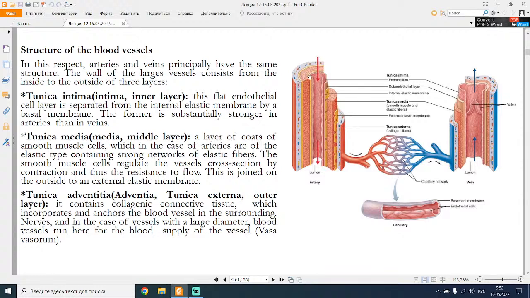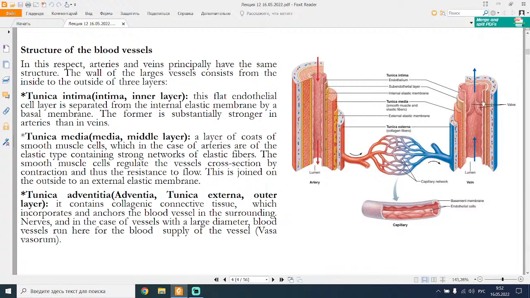Inner layer, middle layer, and outer layer. Three layers.